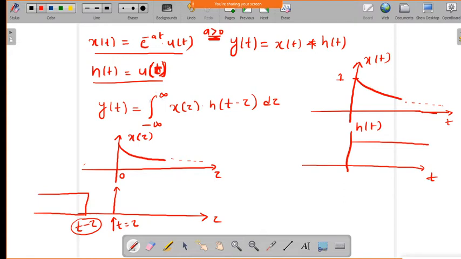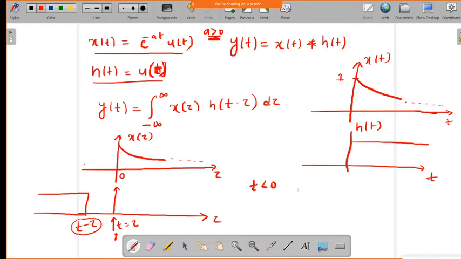From where to where does this convolution exist? Whatever the shifted value t is, whenever t is less than 0, meaning the signal lies to the left of 0, the convolution integral will give 0.